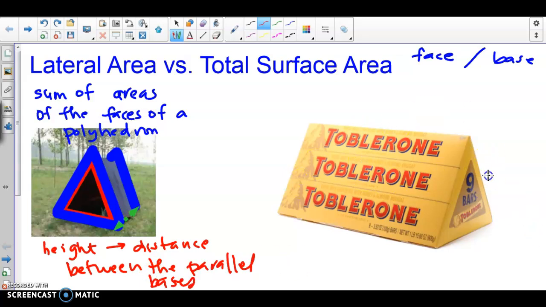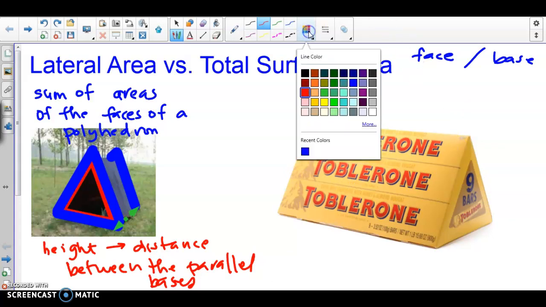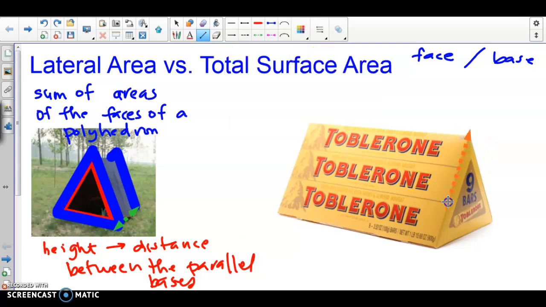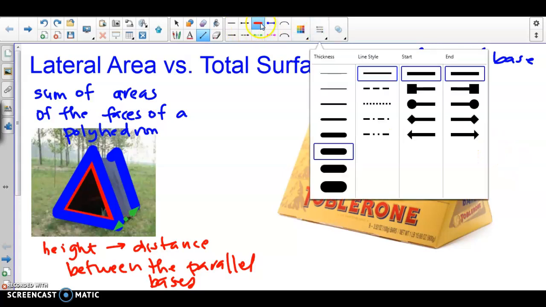And in this Toblerone chocolate here, you can pretty much see clearly where the bases are. So let me use a different color for that one. Okay, so this, I should have used the other one. Okay, undo. Yeah, I'll use this one.